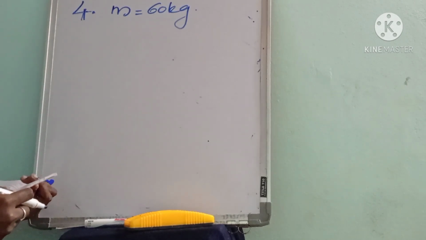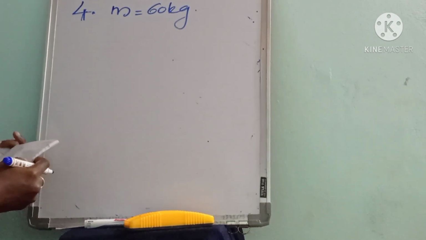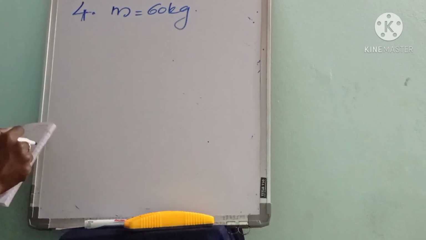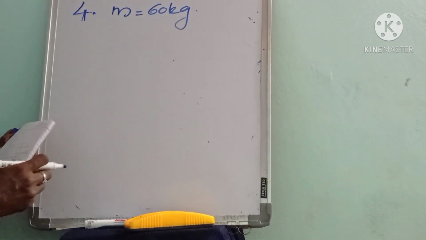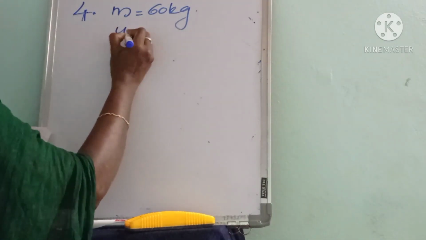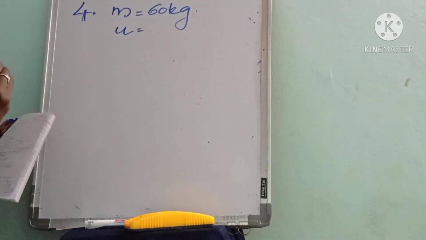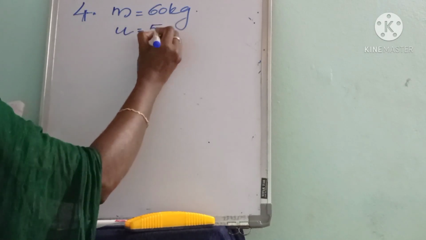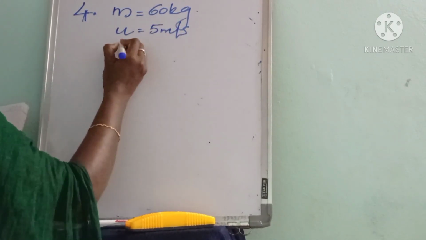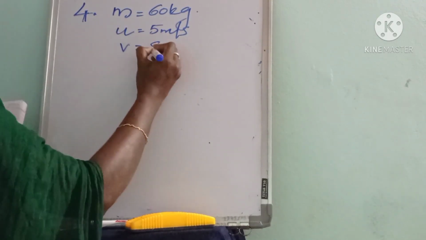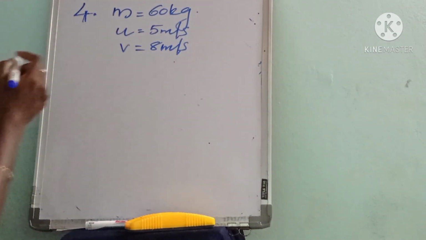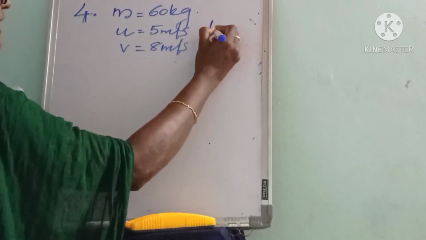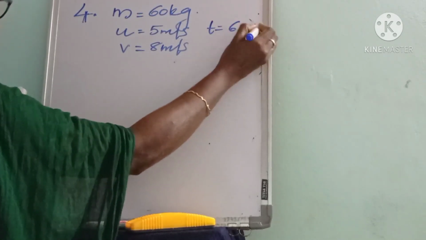The initial velocity u is 5 meter per second and the final velocity v is equal to 8 meter per second in 6 seconds. So the time t is 6 seconds.